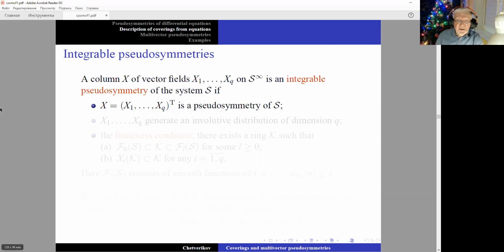We define integrable pseudosymmetries in the following way.